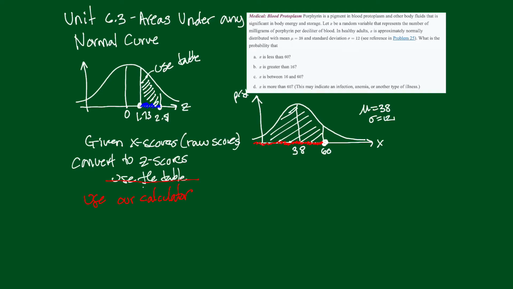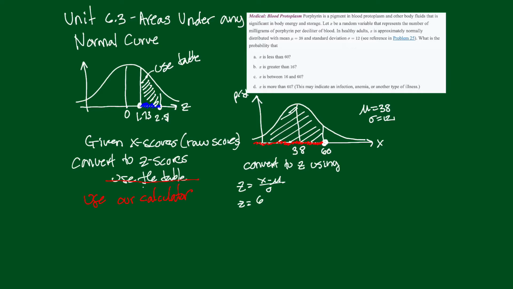Now, here's the way that we did it in the last section. We're going to convert to z using z equals x minus mu over sigma. We need to convert this x value to a z-score, so our x is 60.